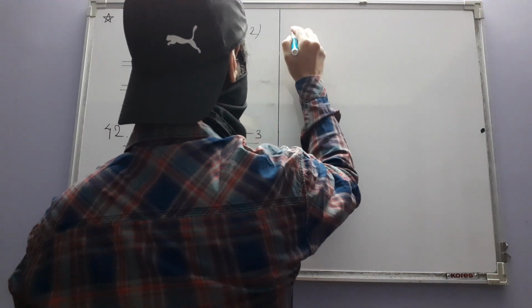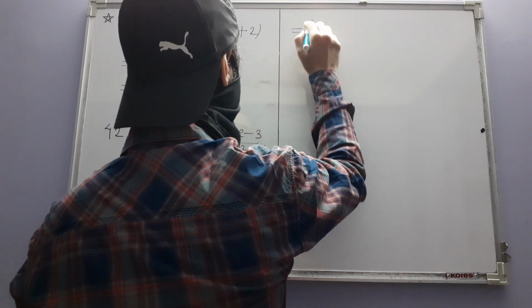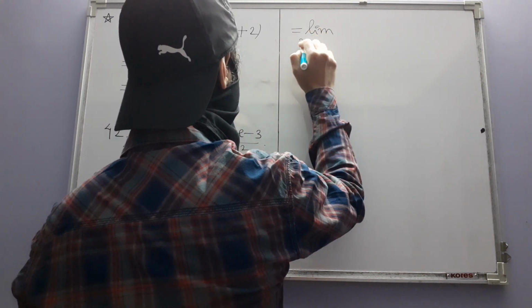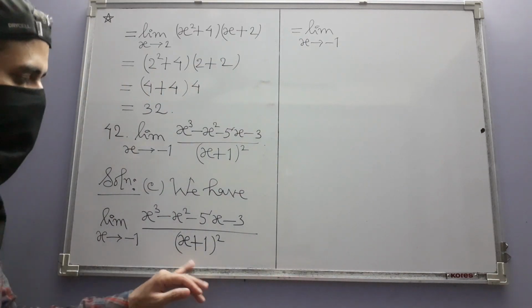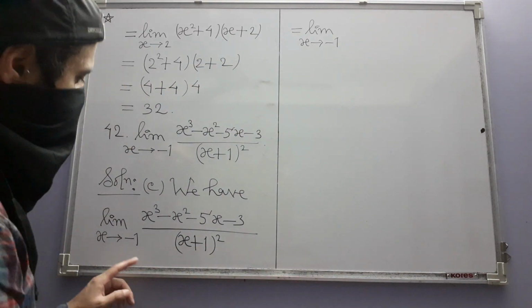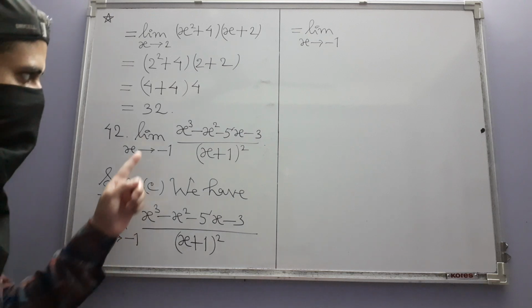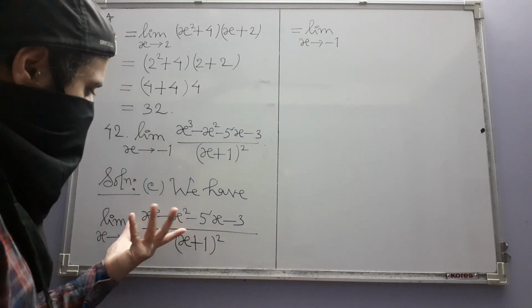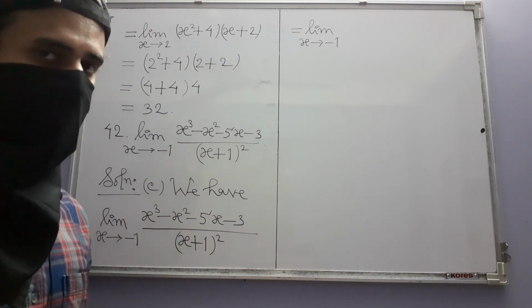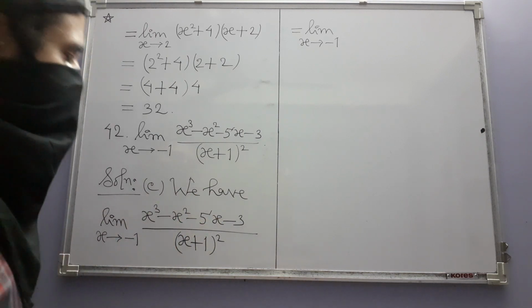So here also we have to do something like that with the numerator so that we can get rid of the denominator entirely. But unlike the previous one, here you cannot have it so readily. It's not factorizable in that sense, but something else can be done.